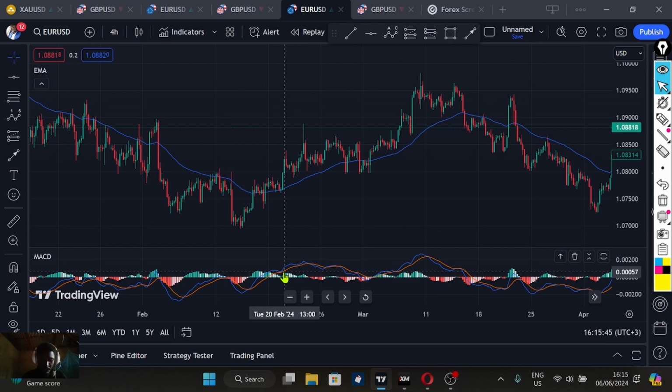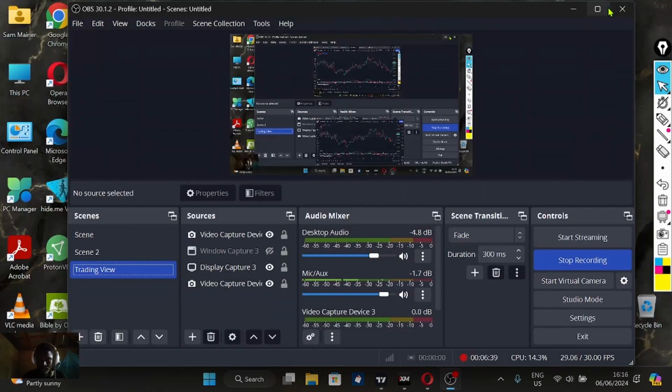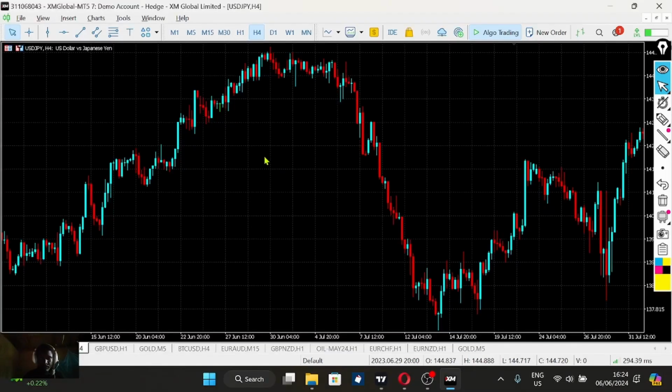Now, the next indicator that I shall be using is Keltner channel. This is to point out the entry and the exit point. Let's head over to MT5. Now let's add the Keltner channel to the chart.